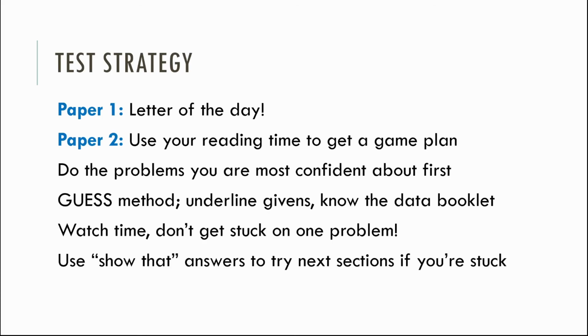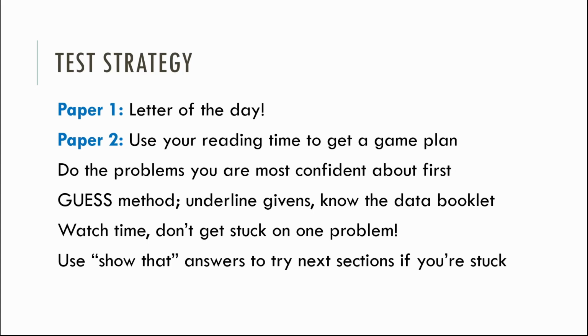You can even use, remember, they'll do the "show that" thing. In part A, they'll say, show that the field strength on the surface of Mars is 3 point whatever. Then in part B, they'll ask you to do something with that value. The reason they give you "show that" is, even if you want to work out of order, if you don't get the answer to part A, but they say show that the answer is blah, blah, blah, you can use that number in later parts of the problem.